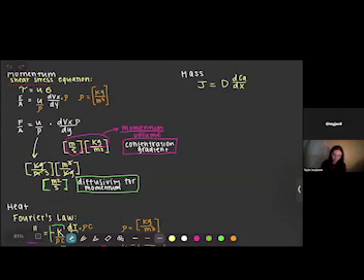The units for mass flux J are moles per meter squared per second. The diffusivity coefficient is in terms of meters squared per second.